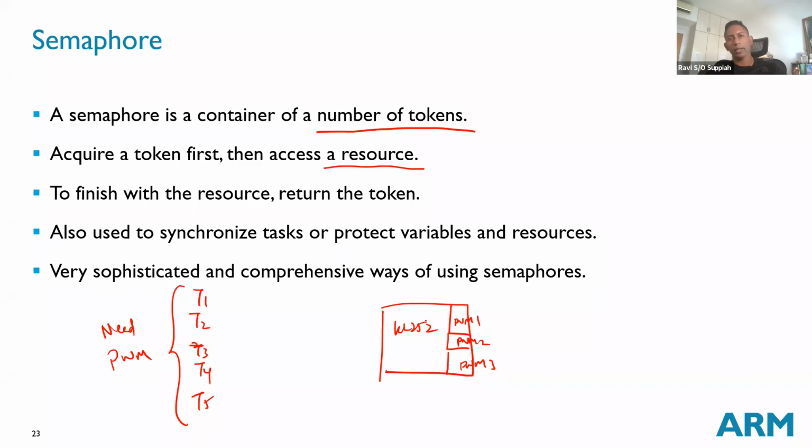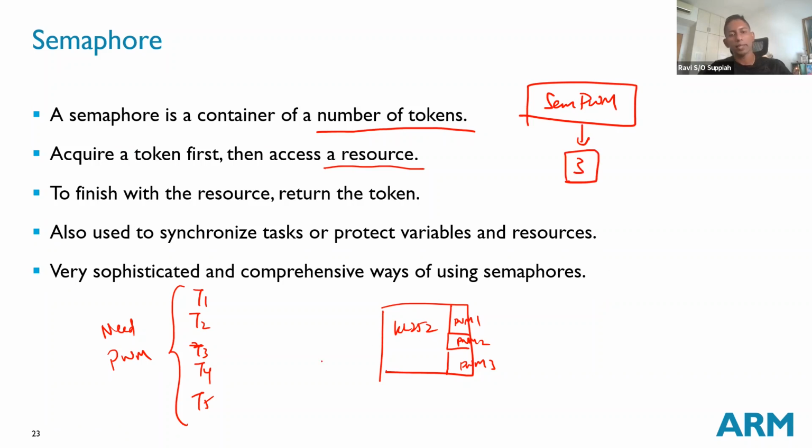And I do not want to do any pre-allocation. I want the task to get the PWM only when it needs it. So this is an example of how you can use semaphores in your code. I can create a semaphore for PWM with an initial value of 3.